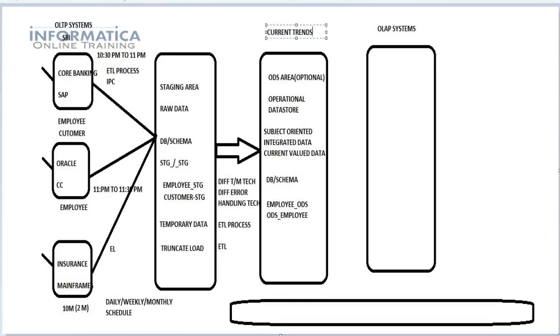If you don't have the ODS layer, let us say you have an order table in the source, in the OLTP, which contains all the order information.